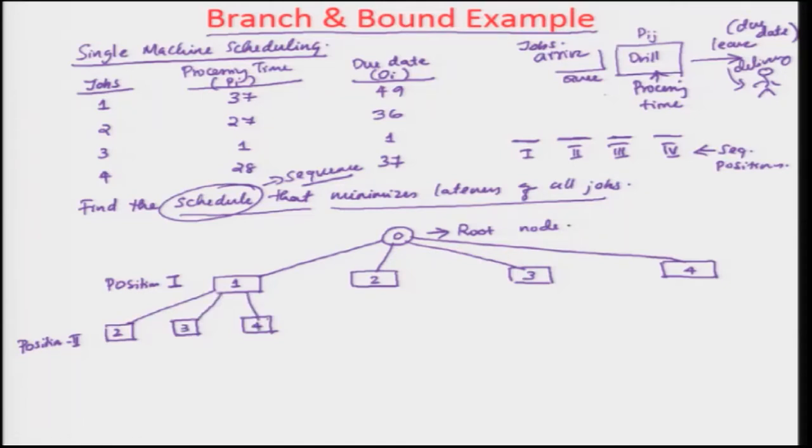Any one of them can take sequence position 2. For 2, again there is a possibility of 3: 1, 3 and 4. You can't use 2 because 2 is already in the first sequence position. Then below that you have position 3, the sequence position 3, and there are only 2 possible options for this case.